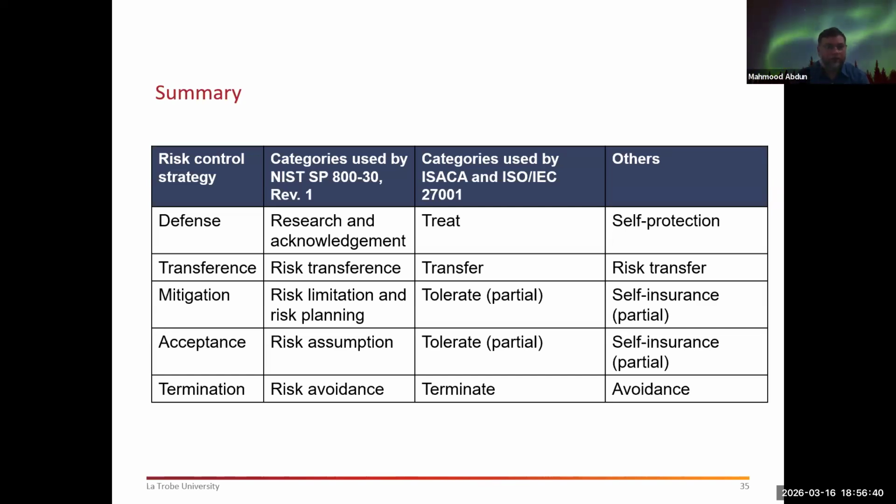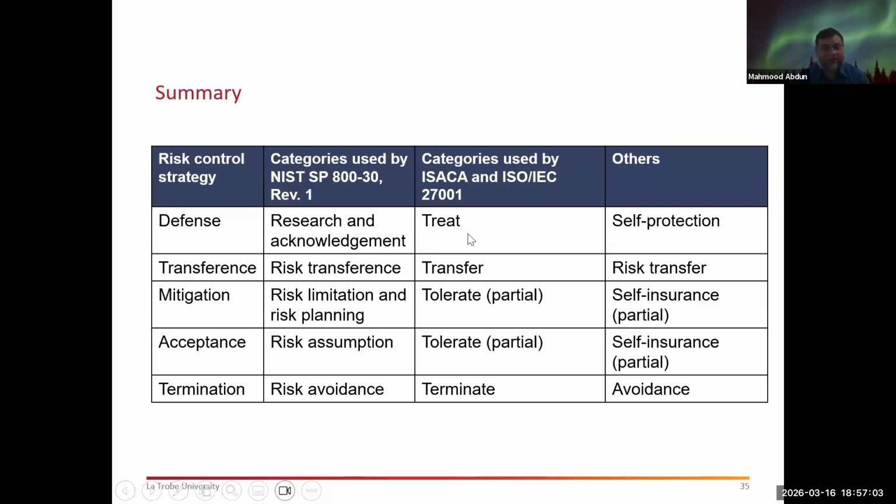That was the most aligned with an accepted risk management framework. But this is how you correlate the terminologies. The terminologies of defense, transference, mitigation, acceptance, termination, if you're not familiar, are basically from this book. But how do they compare with terminologies from other competing frameworks?